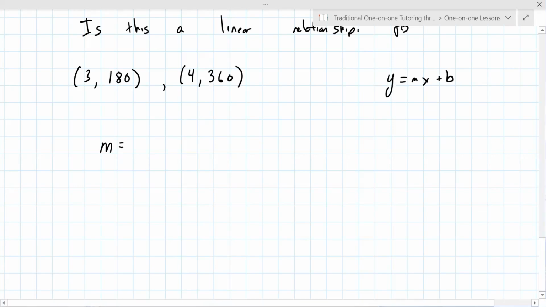The slope formula is y2 minus y1 over x2 minus x1. So 3 is x1, 180 is y1, 4 is x2, and 360 is y2.